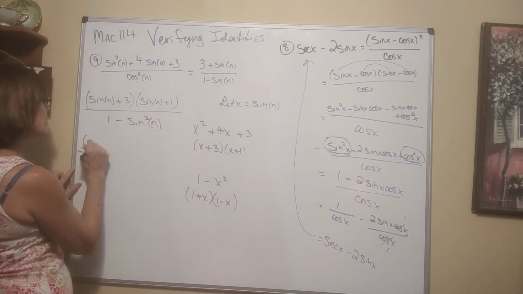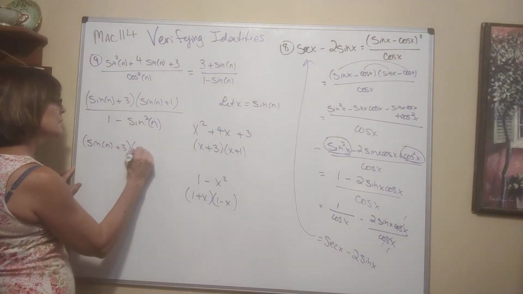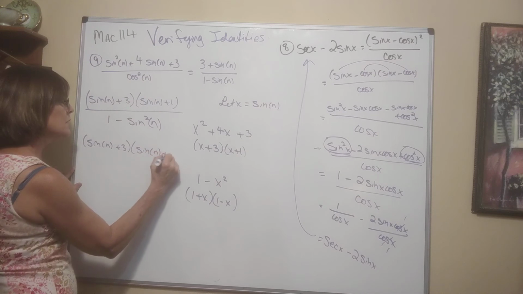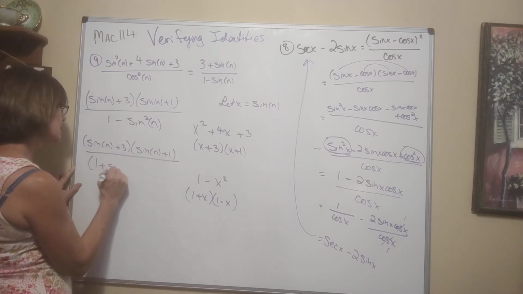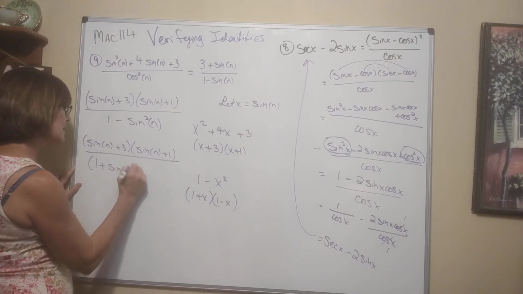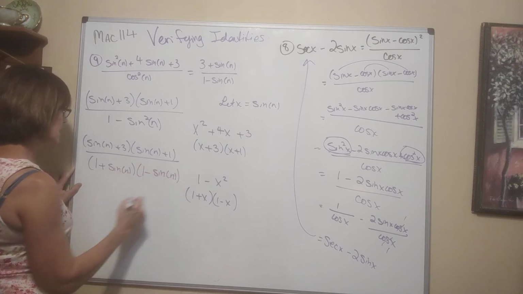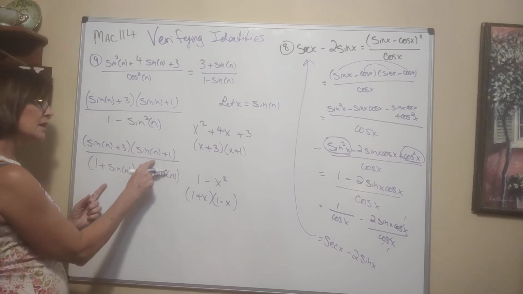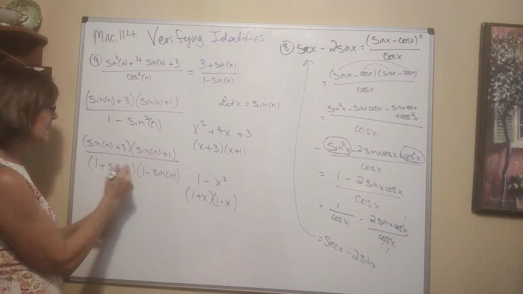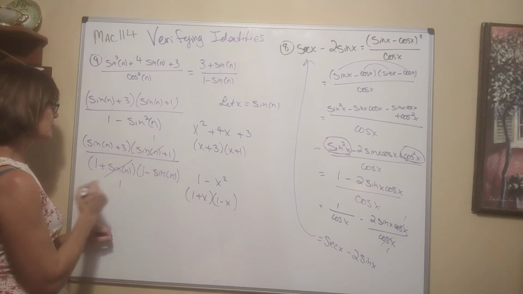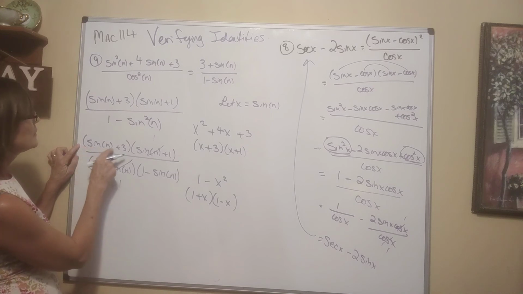I'm just going to copy over the numerator. The sine of n plus 3, the sine of n plus 1 over 1 plus the sine of n times 1 minus the sine of n. And I notice these are the same thing. A plus b is the same thing as b plus a. So these divide into each other once. And so I'm left with the sine of n plus 3.